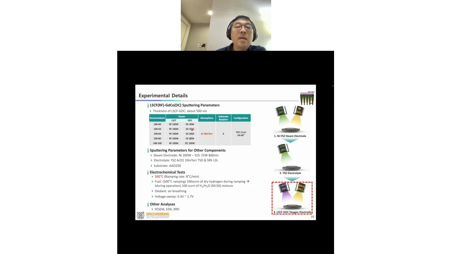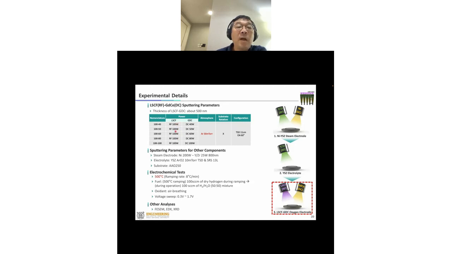That changes the ratio between the LSCF and GDC material, so the ratio of the two materials can be controlled by employing different power ratios.